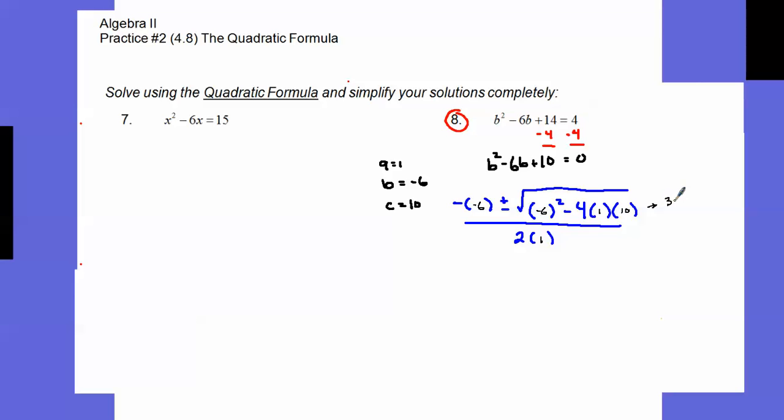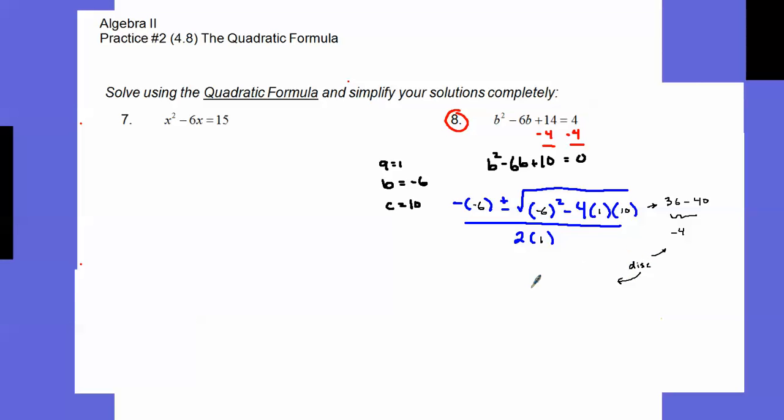Our next job is to calculate the discriminant. We have 36 from this -6 squared, minus 4 times 1, which is also times 10, which gives us -40. This discriminant then will calculate to be -4.